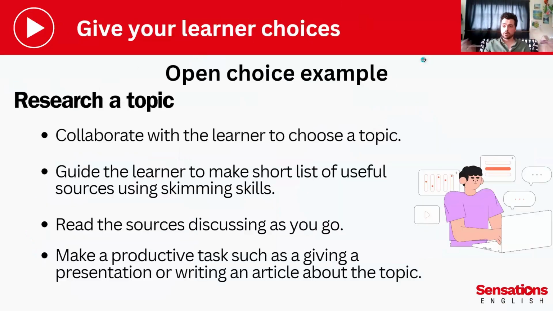You could give them an open choice to research just a topic. So you could say, okay, we want someone to research ecology. This person is really interested in seaweed farms. Okay, they're going to research that.